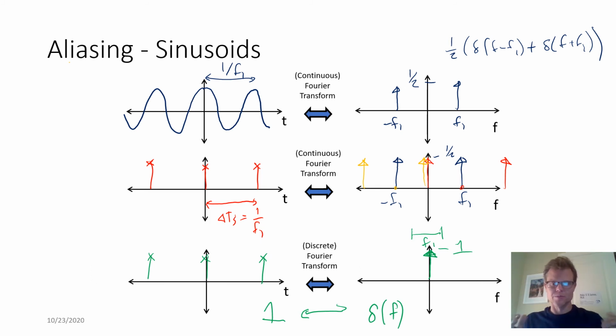The best knowledge we have of what this signal can be from these discrete samples is just a constant amplitude. What the discrete Fourier transform says is we can't expect to resolve any frequencies outside of this range here. This is like an unknown region because of the limitations of sampling and what we're going through here.